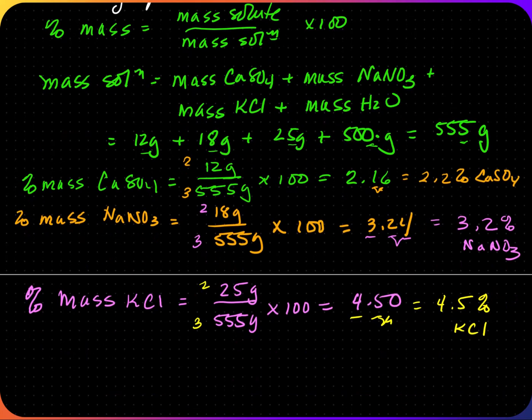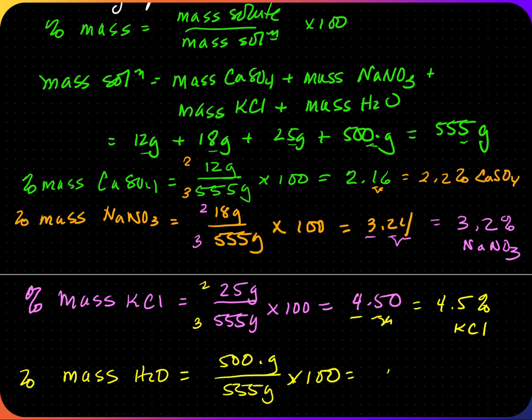And we need to calculate the percent mass of water. This one has 500 grams over the total times 100, which equals 90.09. 3 sig figs on top because there's a decimal and a significant digit in front. 3 in the denominator, so I need 3 in my answer. 1, 2, 3, I look one to the right. This becomes 90.1% of water.